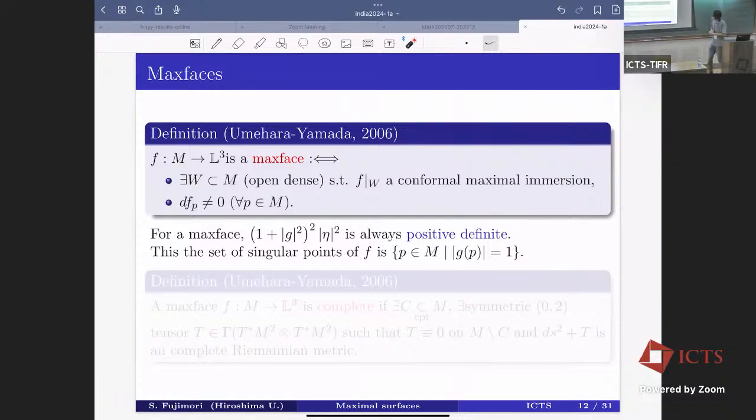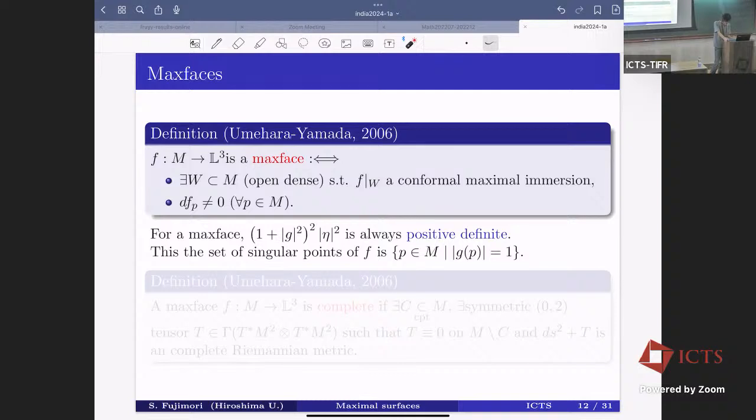Now, especially there is quite a big work by Umehara and Yamada, and they defined the notion of maxfaces. So the definition is as follows. F is a maxface if there exists an open dense subset W of M so that the restriction of F to W is a conformal maximal immersion. So this is really an immersion.